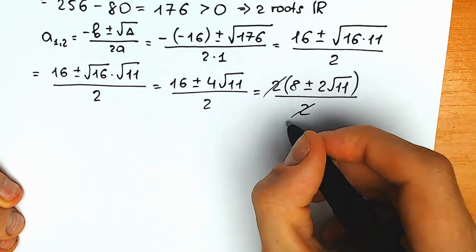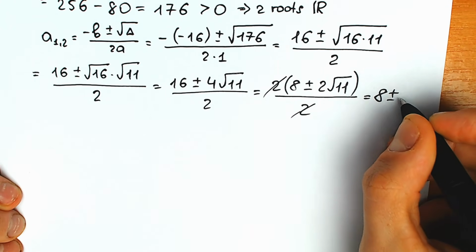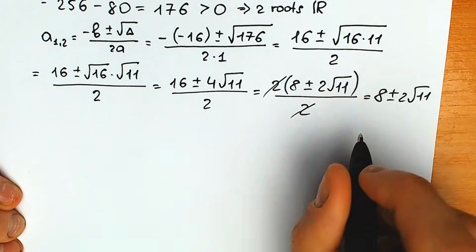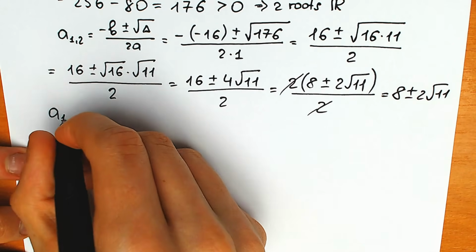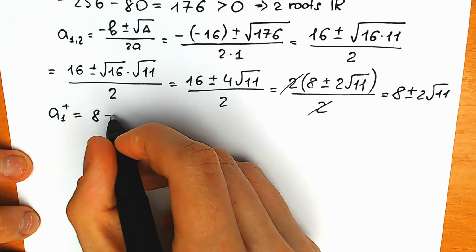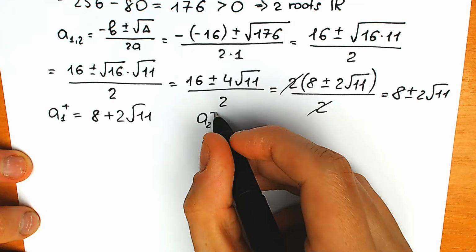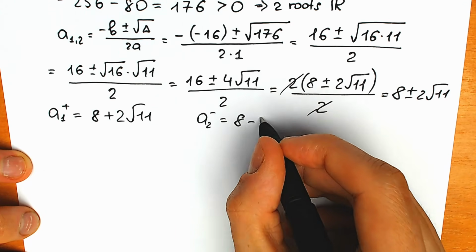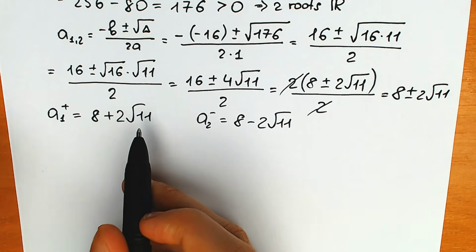So as a result, our answer is 8 plus minus 2 square root of 11. This is our a first and a second. So let's write it. a first with the positive sign equals 8 plus 2 square root of 11, and a second with the negative sign equals 8 minus 2 square root of 11. This is not our final solution.